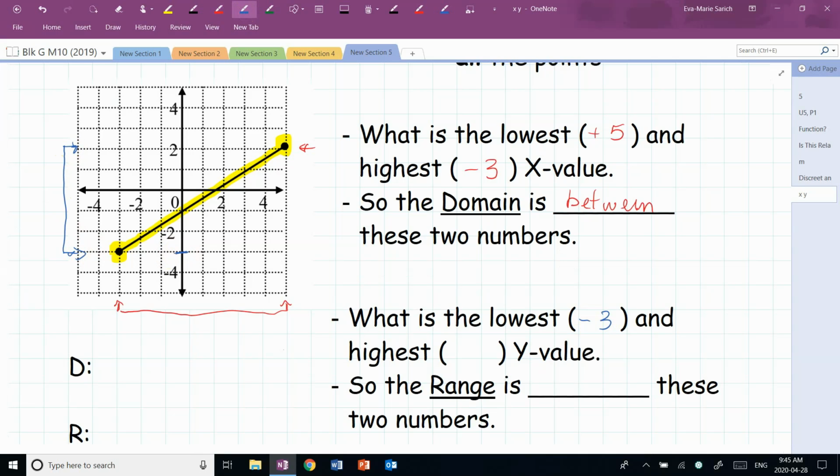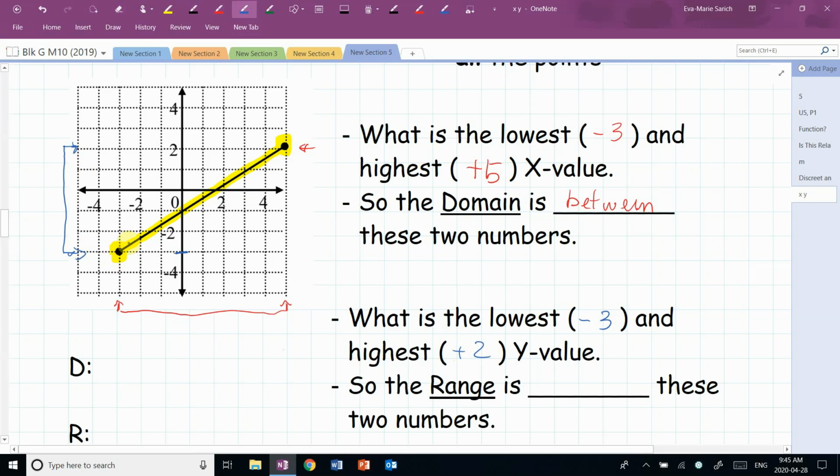I went highest first and then lowest. Let's just change that around. Sorry about that. So our lowest value was -3 and our highest value was +5. Okay, let's go back to the range. The lowest was -3 and the highest is +2.